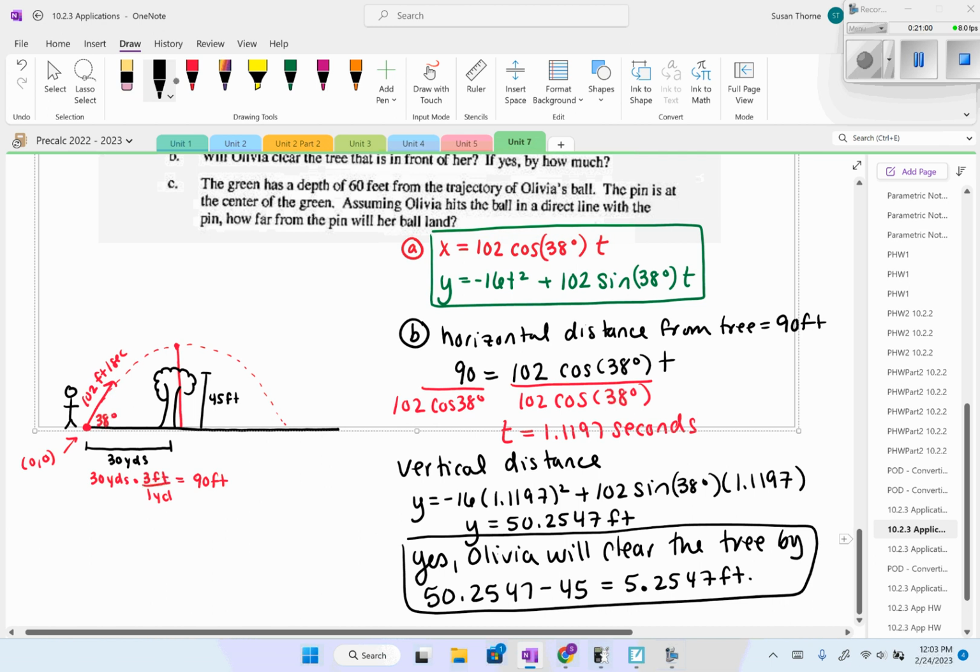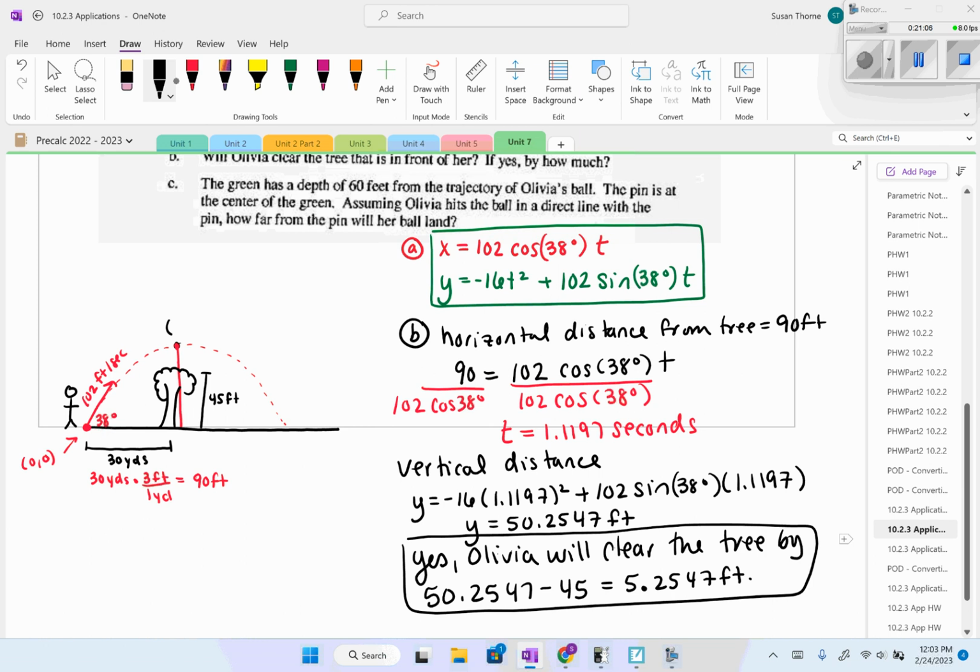So if we look at our picture here, that means that at this point right here, the x coordinate, or actually I should say the horizontal distance, was the 90 feet. And the vertical distance would be 50.2547 feet.